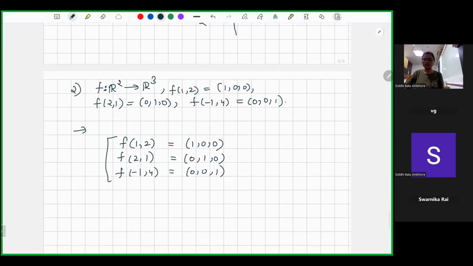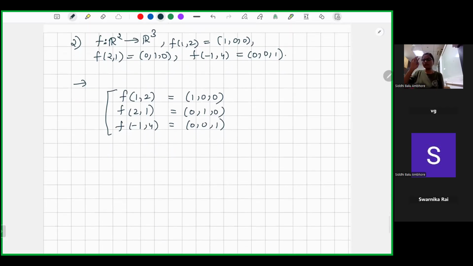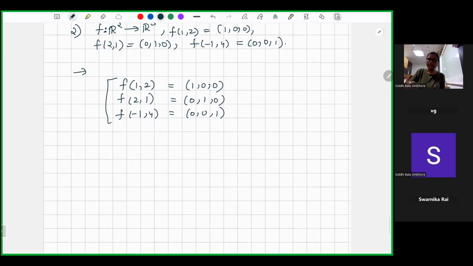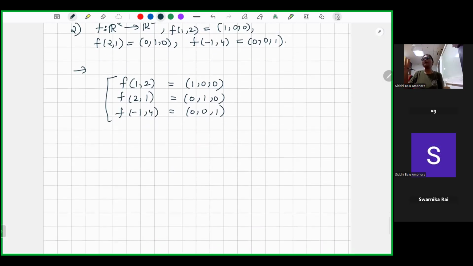Okay, so now what I want, if f is linear, it should satisfy this. So see, we are in R2. So R2, dimension 2 is there. So as long as I have two linearly independent elements, it will generate my R2.